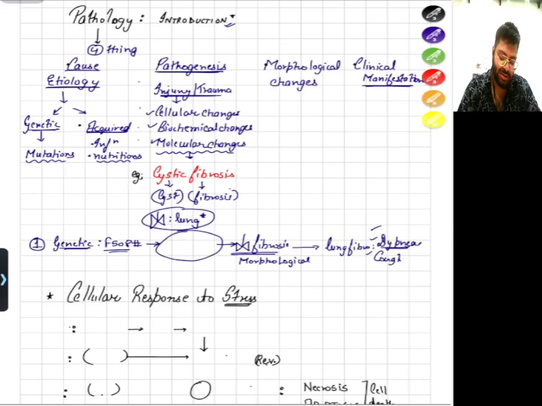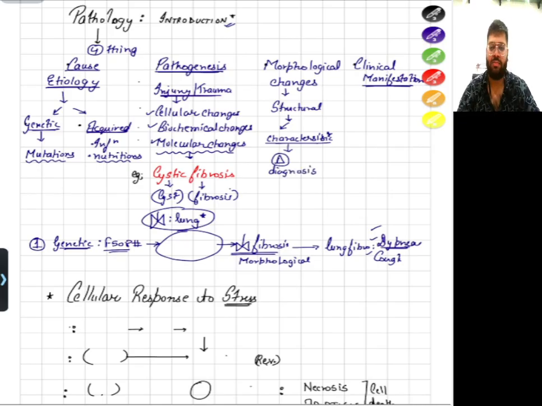The third heading is morphological changes, which in simpler terms are structural changes due to a disease. Why are we discussing them? We have only two purposes. First, the structural changes which we need to study must be characteristic of that disease, and they will help in diagnosis.